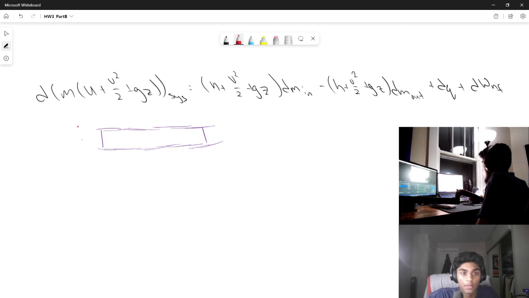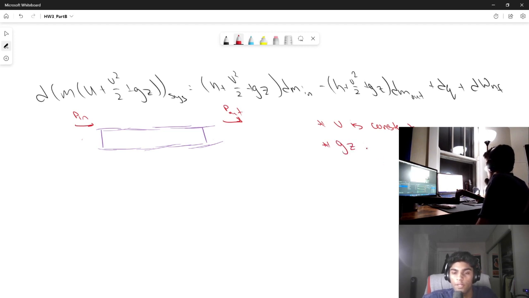So let's go ahead and say that going in, there is a pressure in, a pressure out, and the velocities are the same, constant, and our gravitational potential energy is also constant.